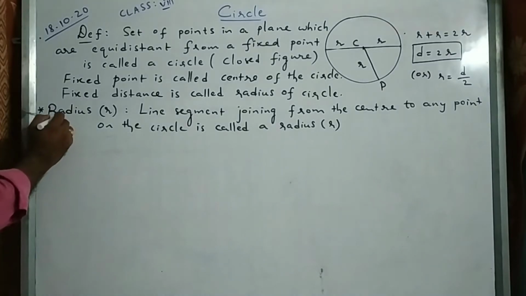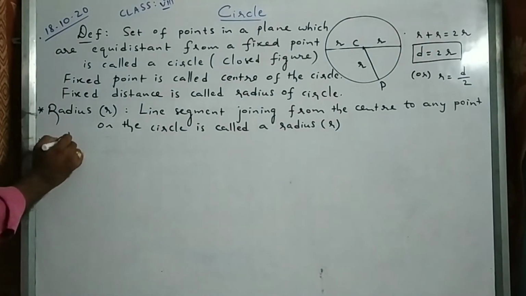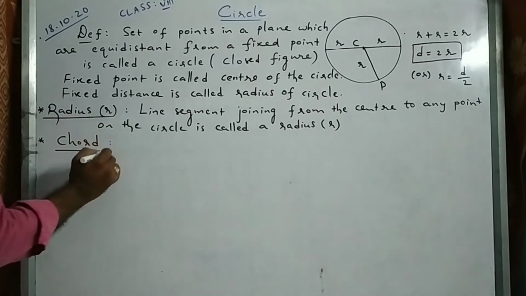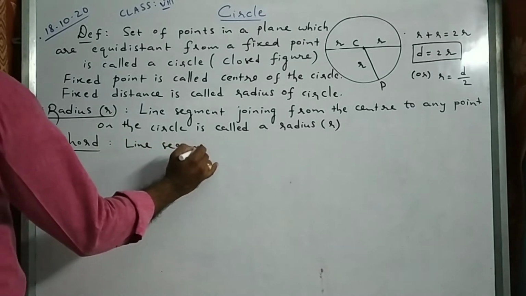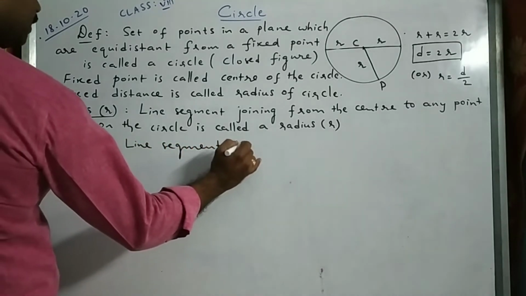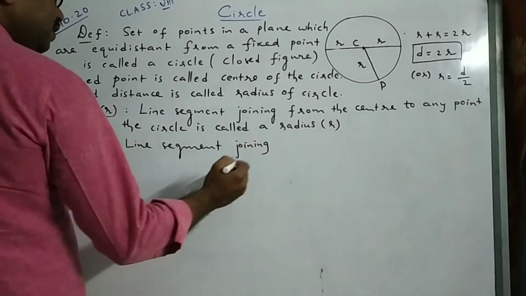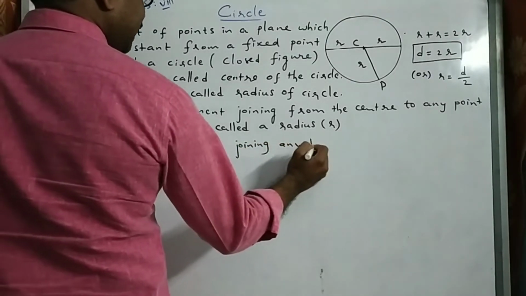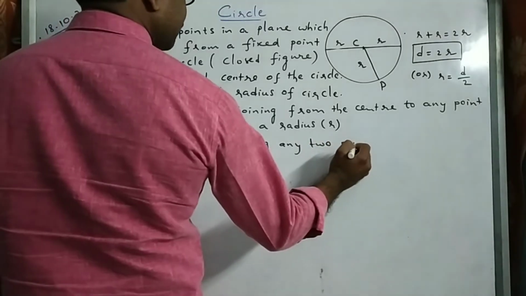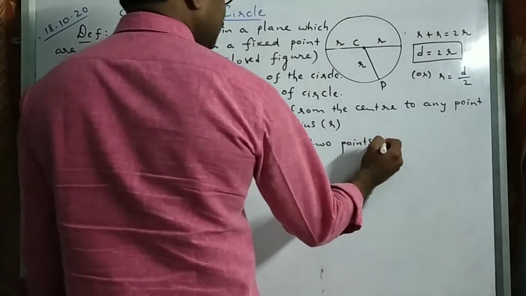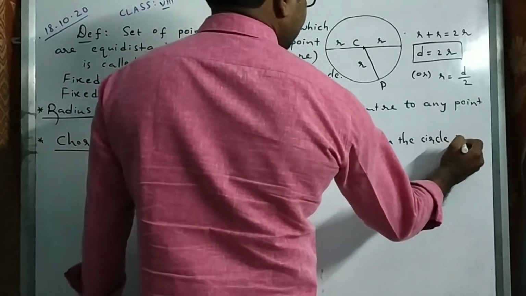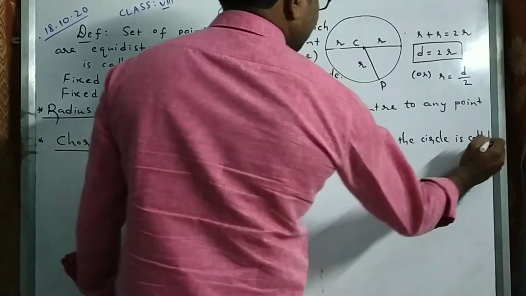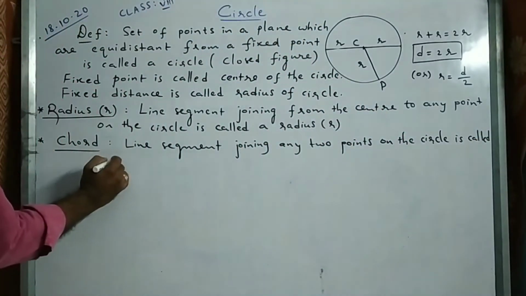Before knowing about diameter, you should know chord. What is chord? Chord means line segment joining any two points on the circle is called a chord.